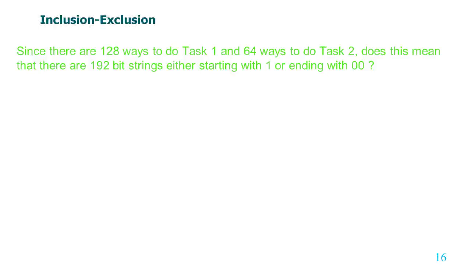Since there are 128 ways to do task 1 and 64 ways to do task 2, does that mean that, using the sum rule, 192 bit strings either start with 1 or end with 0 0?